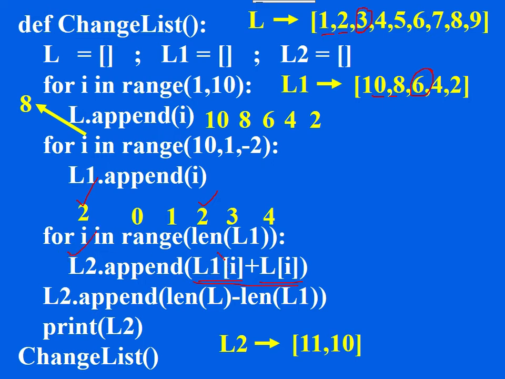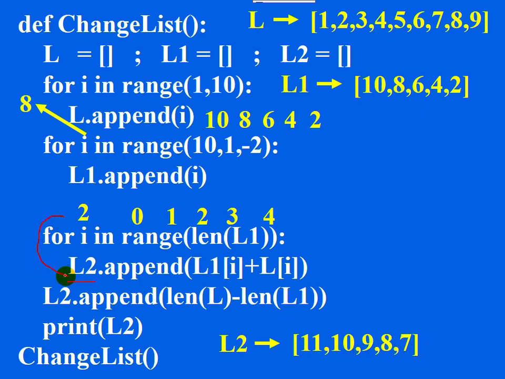L2 dot append 9 means 9 is appended to the list L2, which means one more element appears here, so you get 9. Okay, so finally what will you get? The next one is 4 plus 4, 8. Next one is 2 plus 5, 7. So here two more elements are there, 8 comma 7. So now your L2 contains the elements 11, 10, 9, 8, 7.